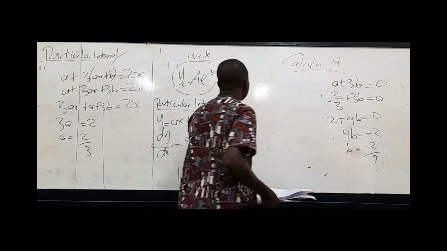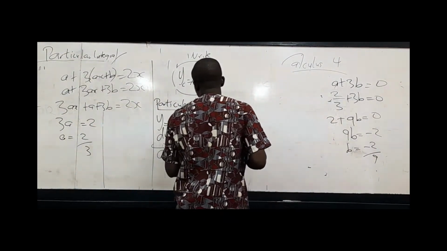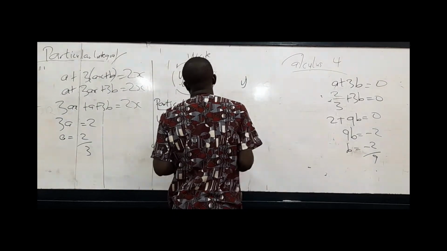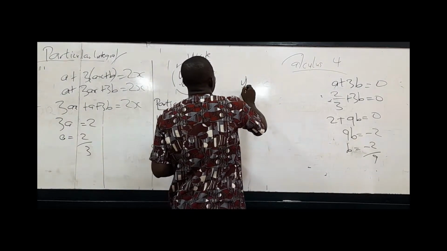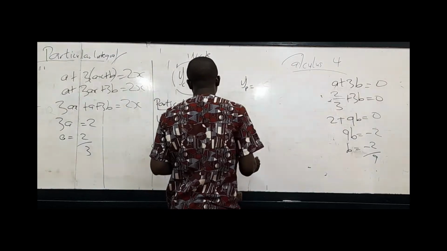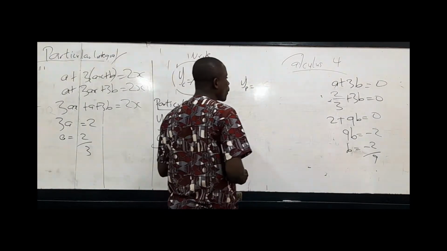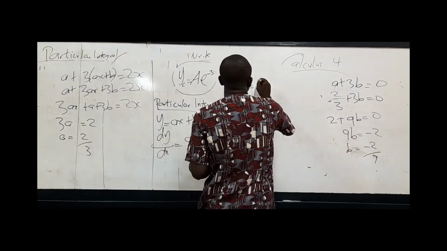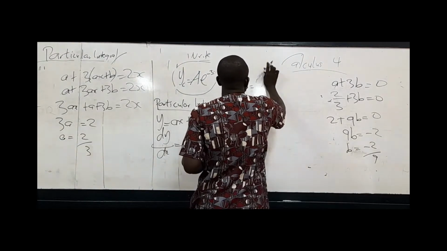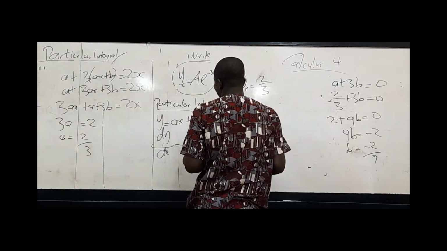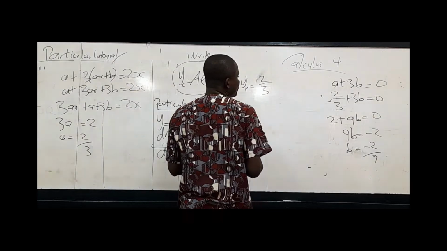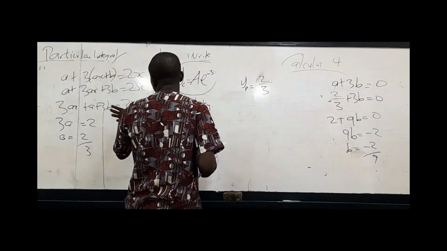Before we even move on, you know that y particular is going to be ax plus b, where a we have calculated to be 2/3, right? That is the a.